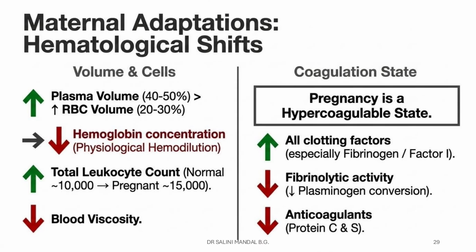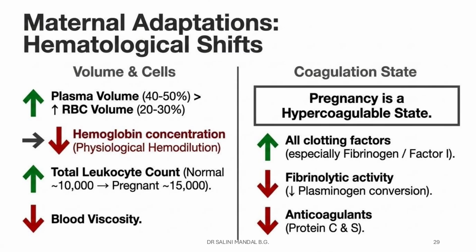Next one, a little about maternal adaptations and hematological shifts. Let us see what happens to the volume of our blood. The plasma volume is going to be increased, and the RBC volume is also going to be increased.